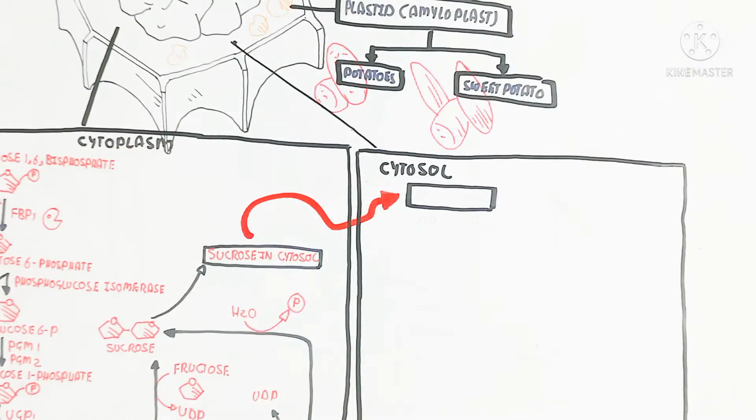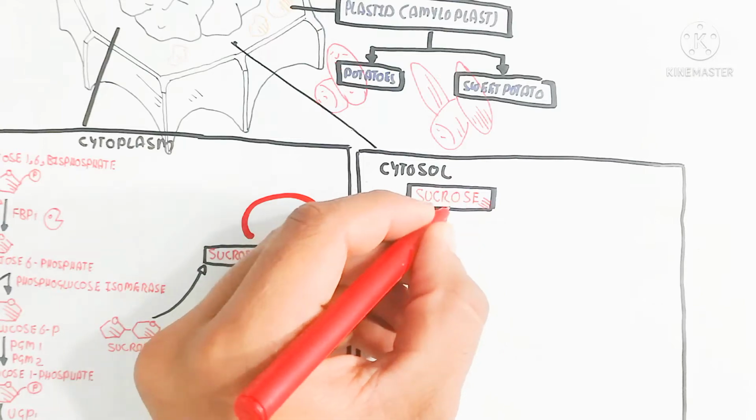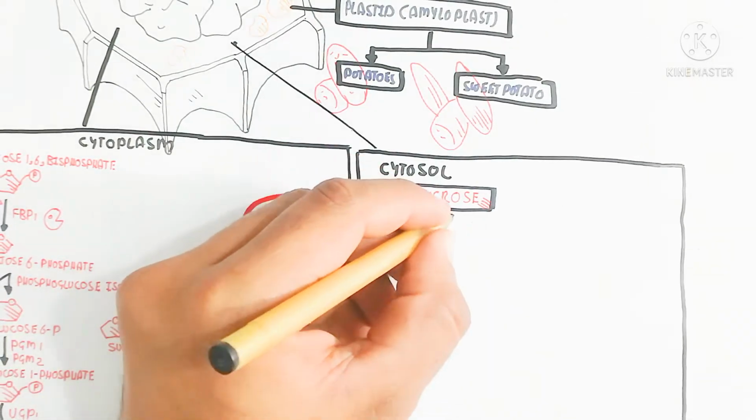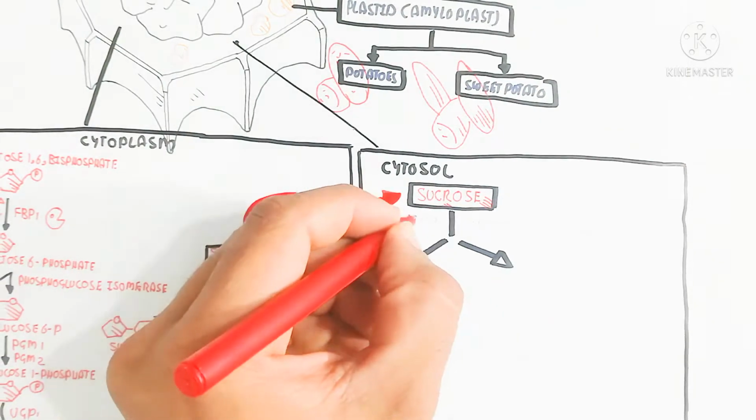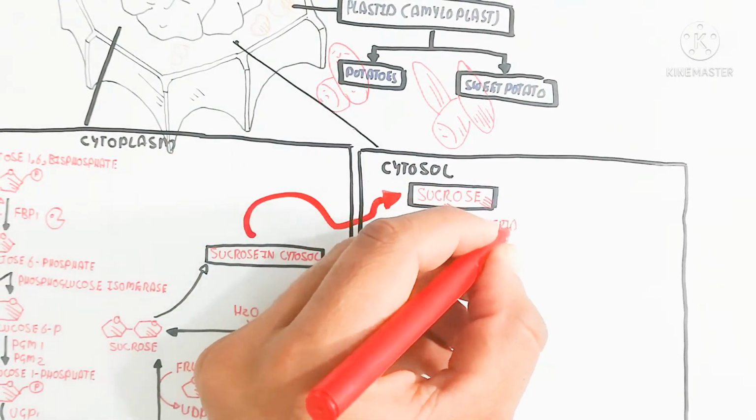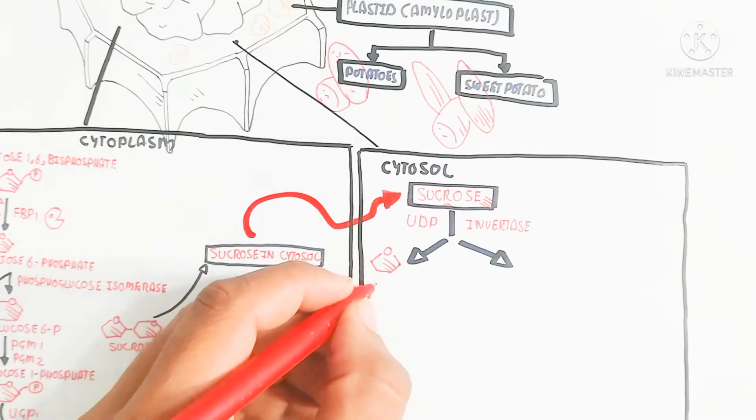sucrose in the cytosol. So remember, here is the cytosol. This cytosol is basically the major site for the biosynthesis of starch.